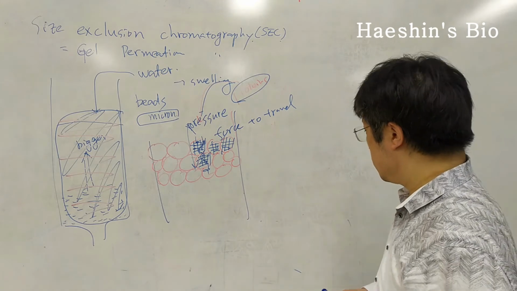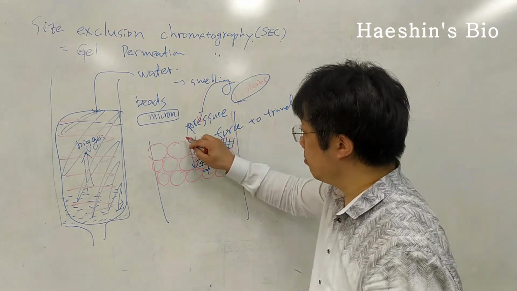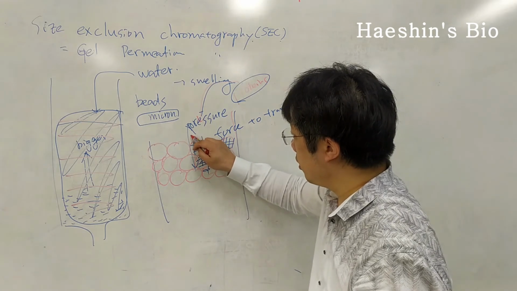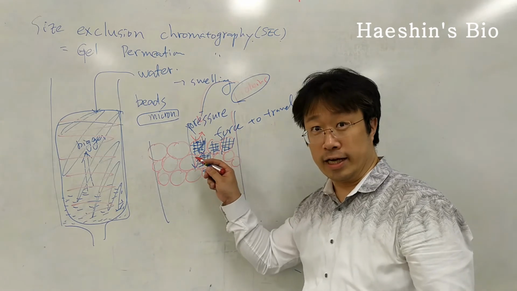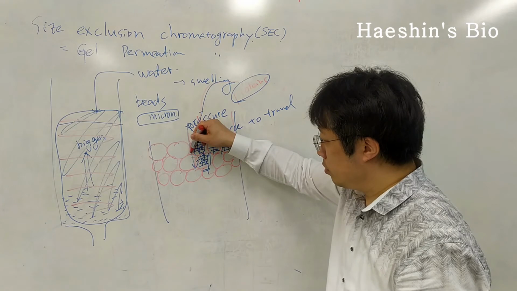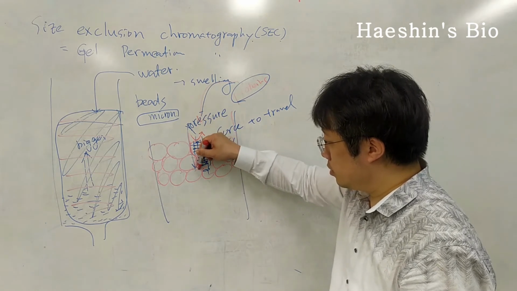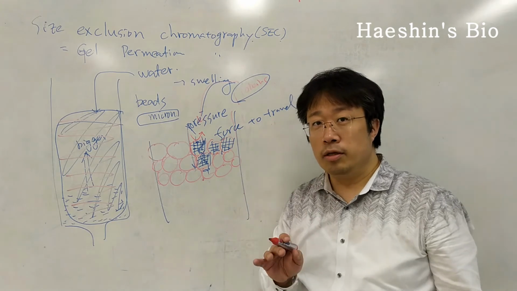The other case is that the protein is a little bigger in size. Actually, they cannot go in because the network has a certain size, and then they travel between the beads like this. But there can be a size in between.